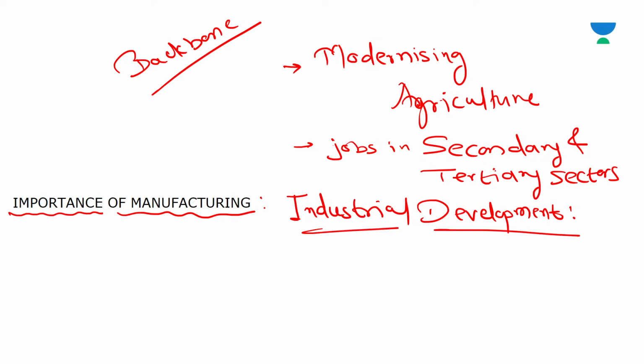This was the main philosophy behind public sector industries and joint sector ventures in India. It was also aimed at bringing down regional disparities by establishing industries in tribal and backward areas.